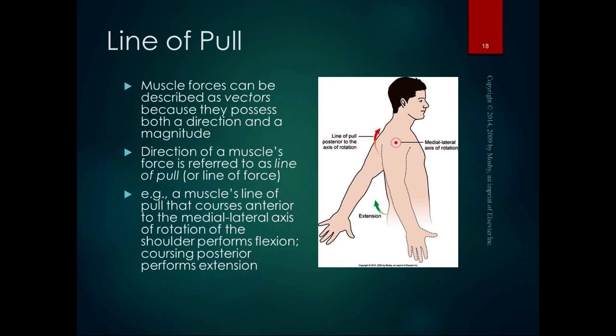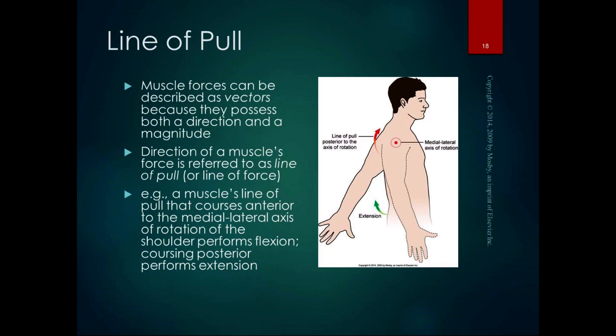So in the example in the picture, the muscle's line of pull that courses anterior to the medial-lateral axis of rotation of the shoulder performs flexion. And if it's posterior, it performs extension. So when we look at the individual muscles, we're going to say, where is it in relationship to its axis?